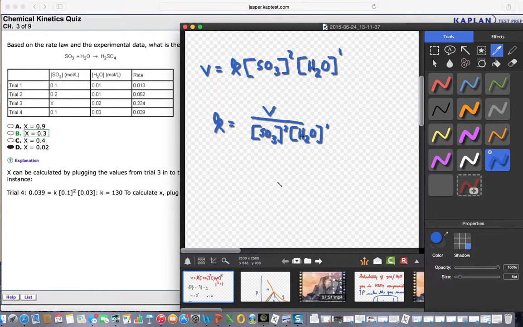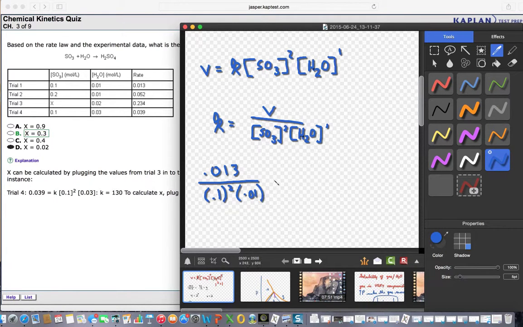So let's use experiment number 1, where V is 0.013 and SO3 is 0.1 squared and H2O is 0.01.